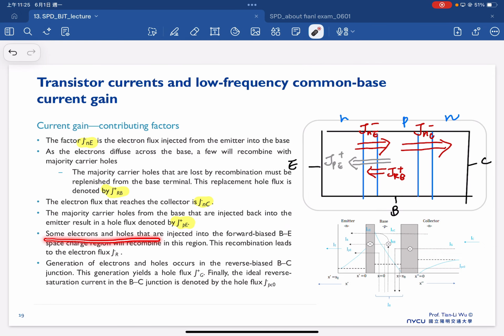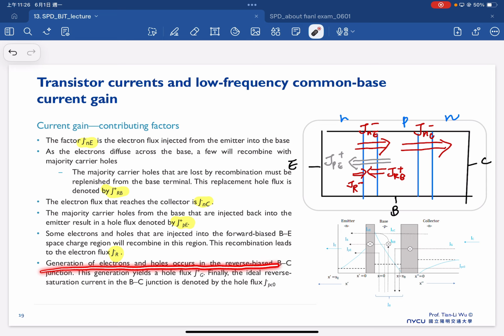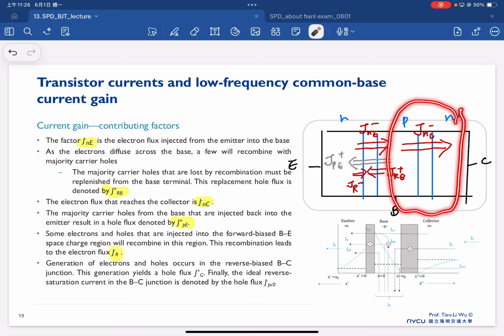Some electrons and holes injected into the forward-biased BE space charge region will recombine in this region. This recombination leads to the electron flux JR minus. And furthermore, the generation of electrons and holes occurs in the reverse-biased BC junction, because this junction is under reverse bias.